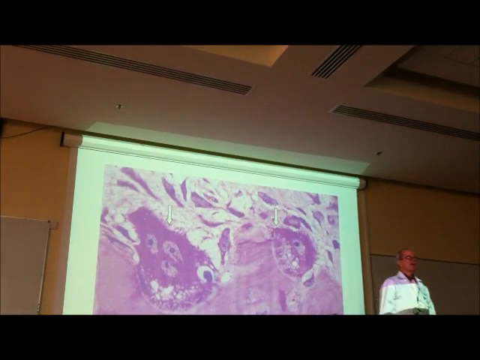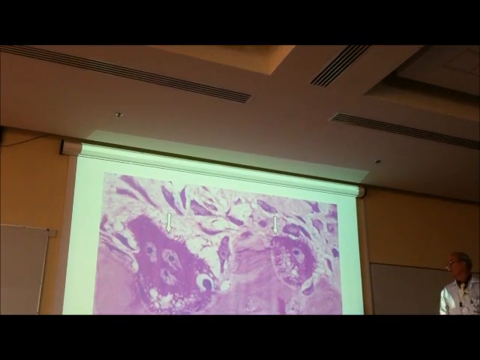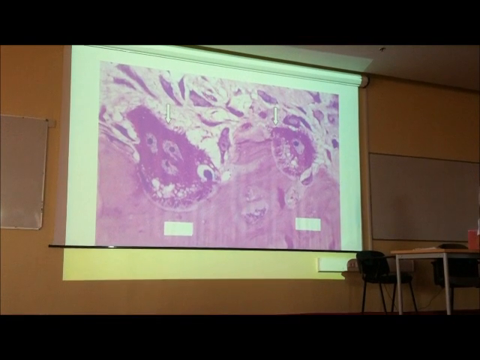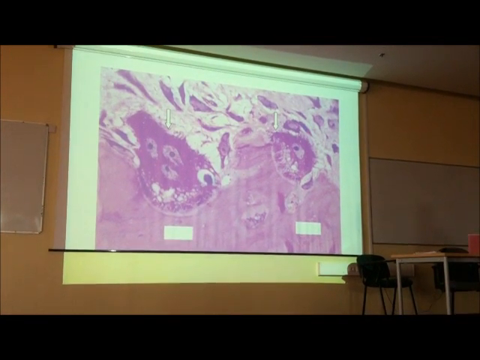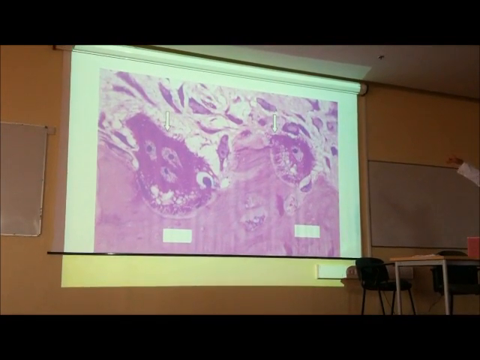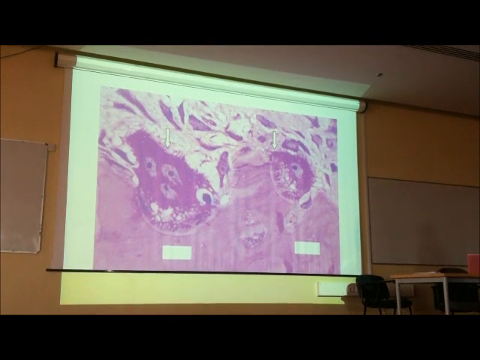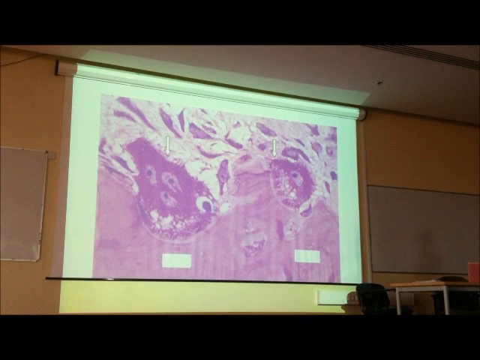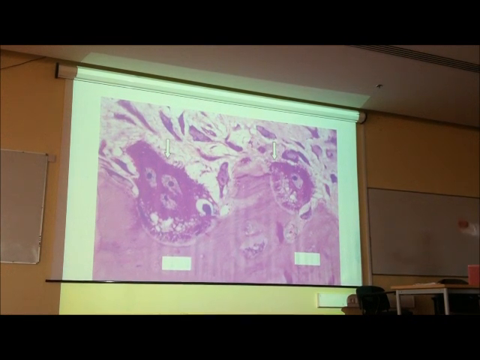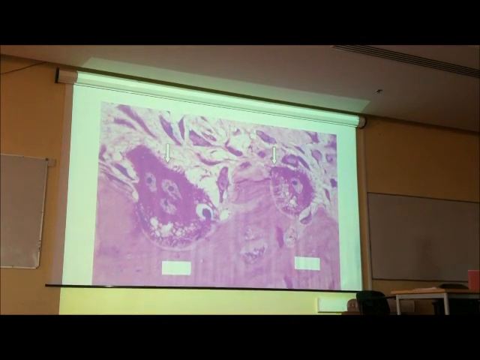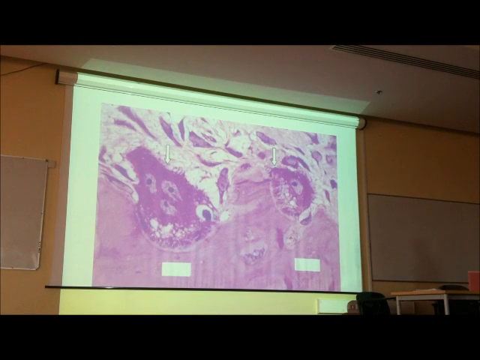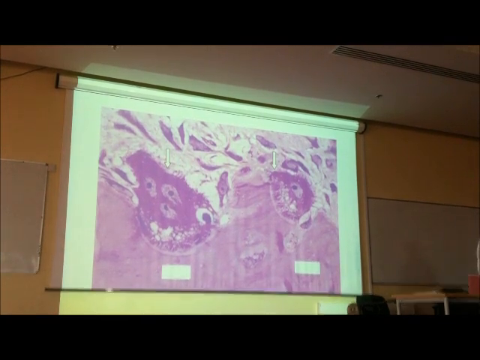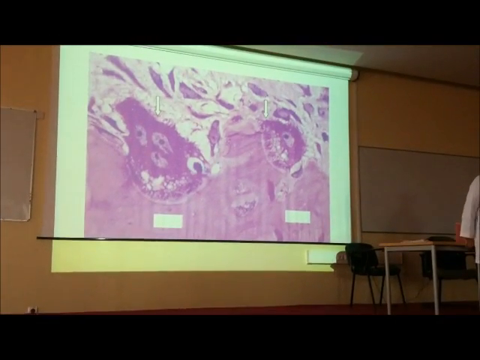What is the name of these lacunae? Howship's lacunae. So what is the section? Arrow number 1, osteoclast. This is the tissue, bone. Present on the surface of bone. What are the cells present on the bone surface?